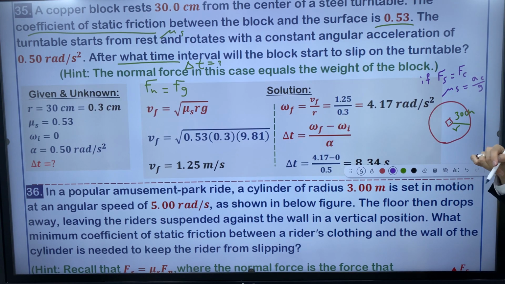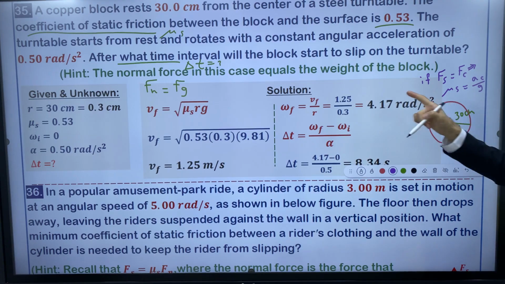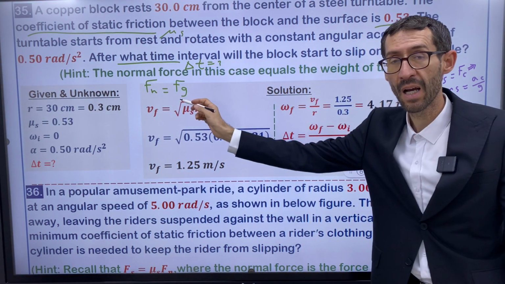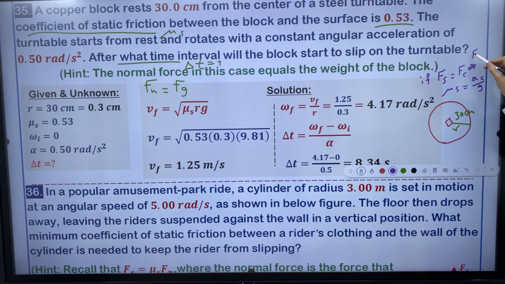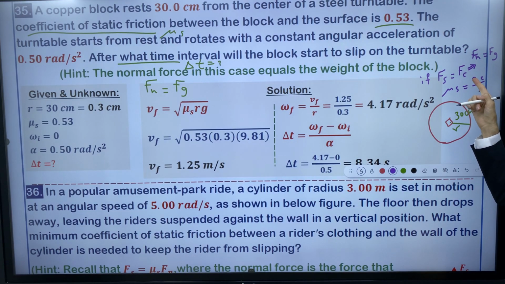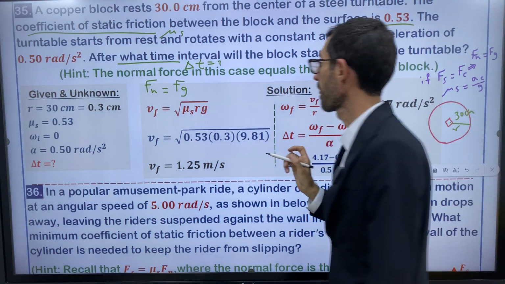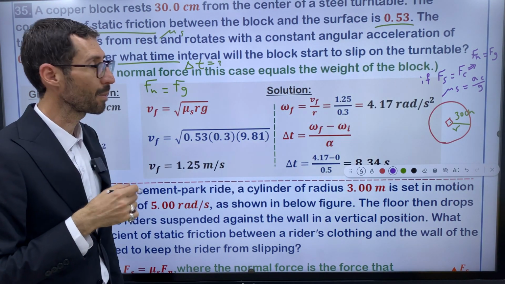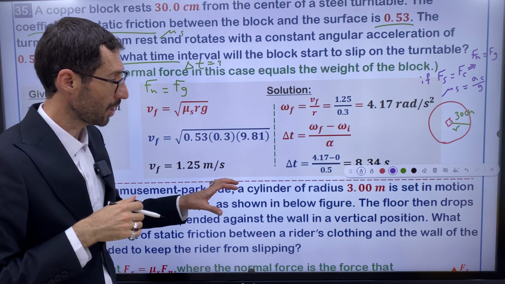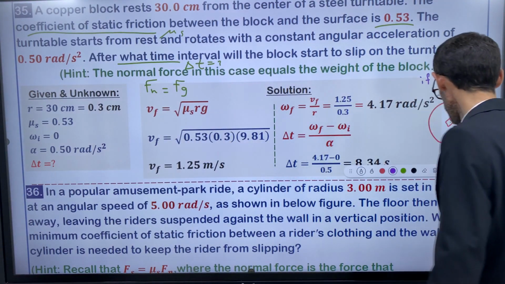We have one more condition here. If Fs is equal to Fc, this condition leads to Fn becoming Fg, meaning the normal force becomes the weight of the object. I'm going to draw a figure for better understanding.